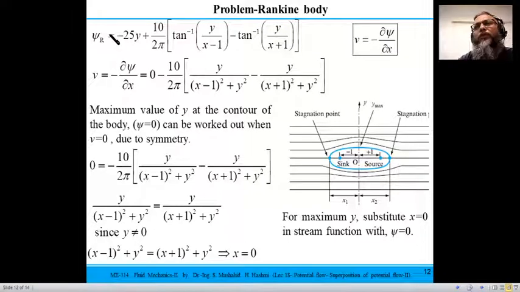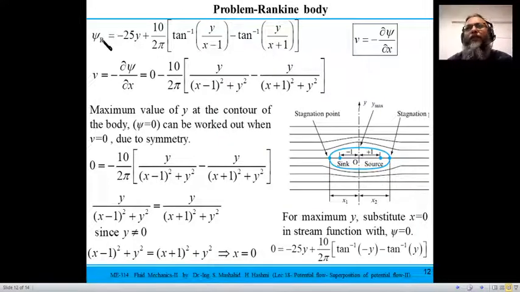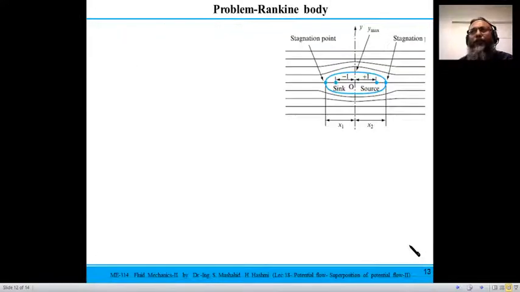So now substitute 0 here, and x equals 0. What I end up with in this equation, this is 0 here, minus 25y, and with all x to be 0, 0 here, so minus y comes here, 0 here, so plus y. So you have that expression.